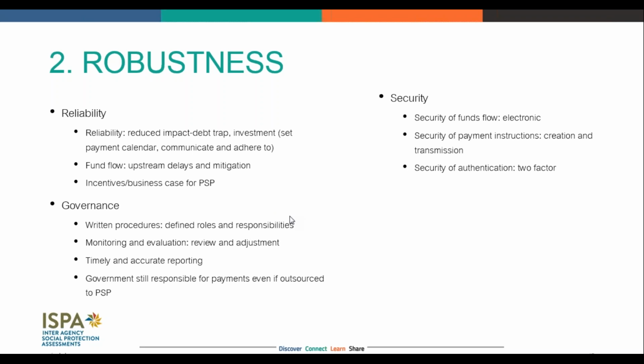Frequently you see programs whereby only summary reporting is available in headquarters, and it's very slow, which makes it very difficult to oversee payments and to actively manage payments. The faster that payment information flows, the better the levers and the tools for the management of that payment delivery mechanism. It's also important to highlight that even in those cases where a payment service provider is used, a government program is still responsible for overseeing those payments to ensure that their quality is sound.